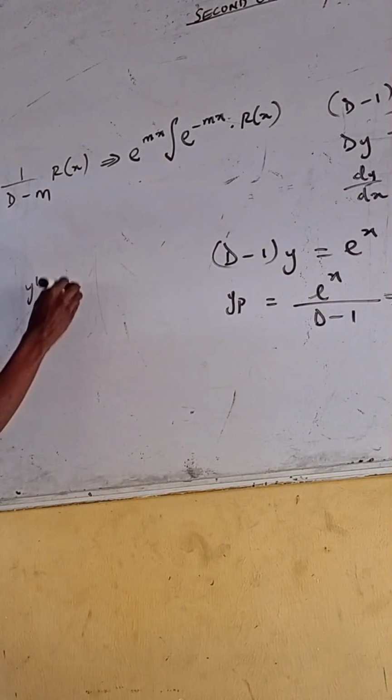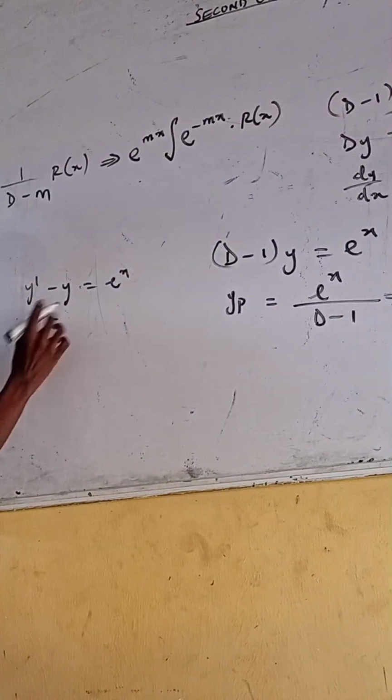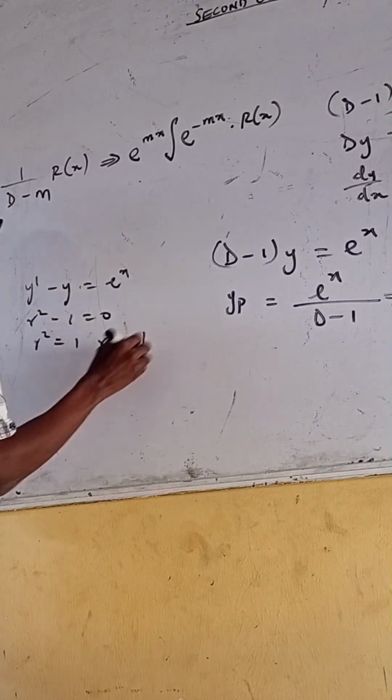Let's verify with the other method. y double prime minus y equals e raised power x, r squared minus 1 equals 0, r squared equals 1, r equals plus or minus 1.